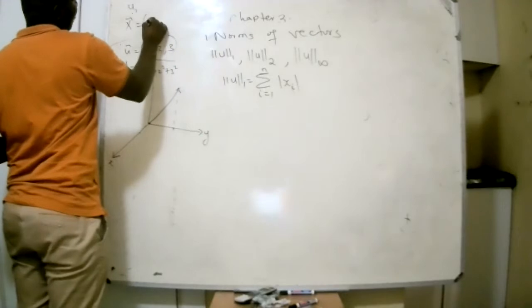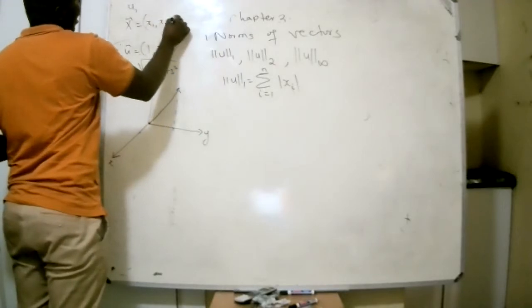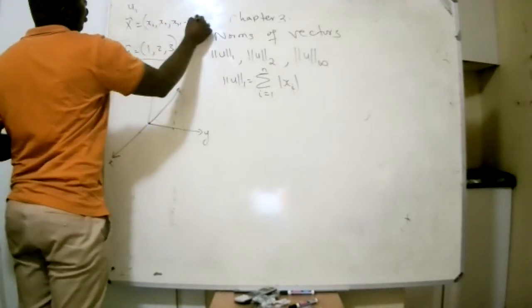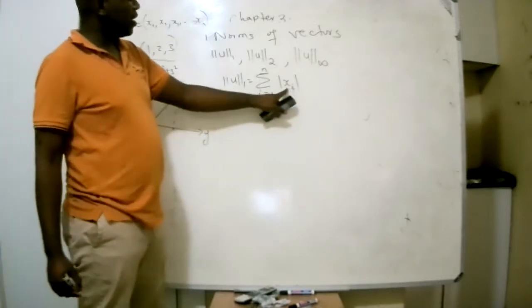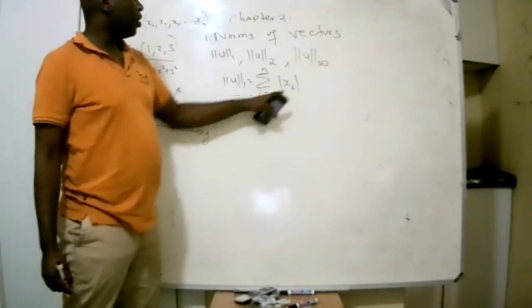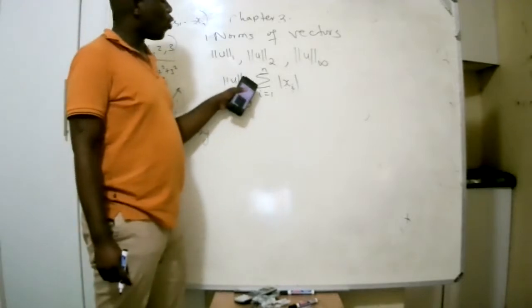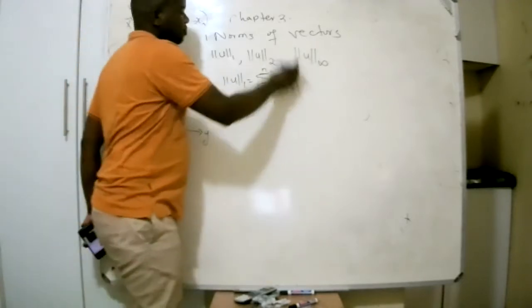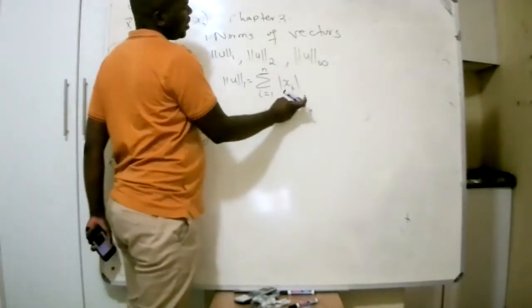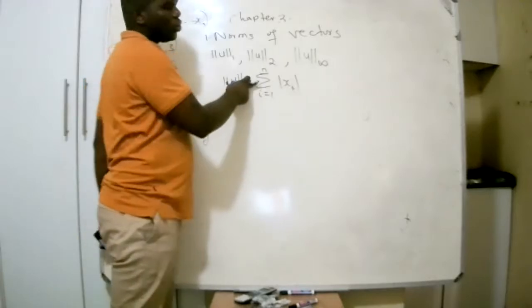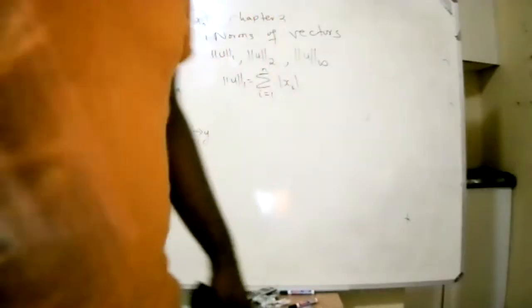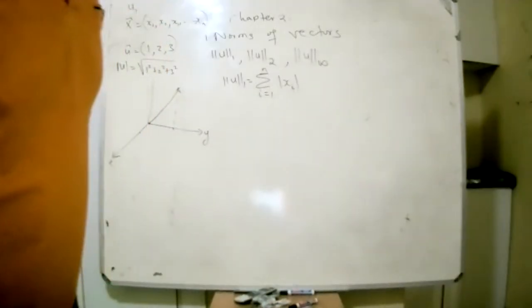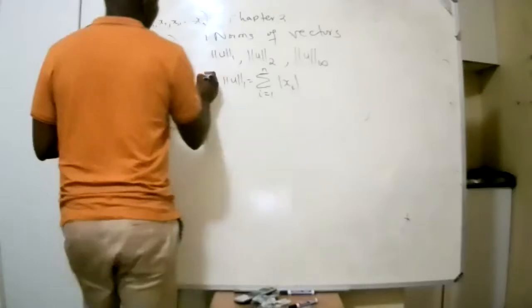It has components x1, x2, x3 up to xn, and they are indicated by this which we have here. For norm 1, you get the absolute value of each component, and after getting the absolute values, you get the sum. All right, that is the first one.